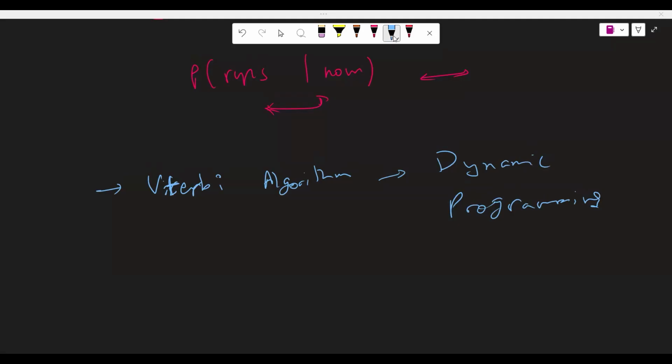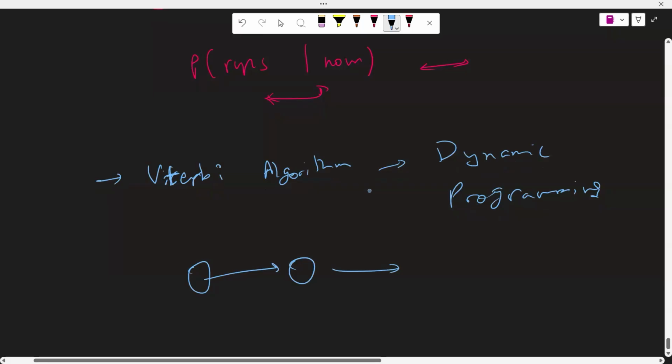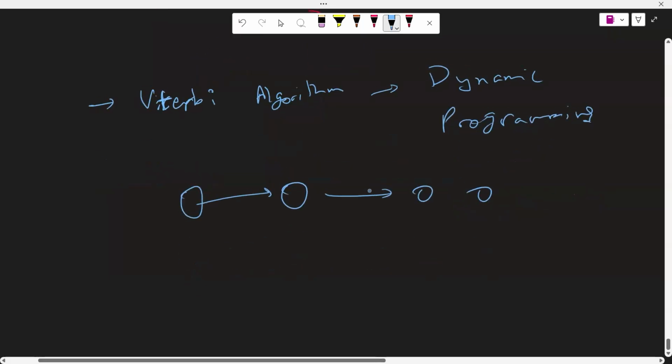Once you find out the emission probabilities, and for every single word you calculate the transition probabilities, at the end, finally, you will decide which sentence is having the highest probability. That's how we are picking up the sentence. Once you have state one, state two, state three, state four, let's say this is one option.